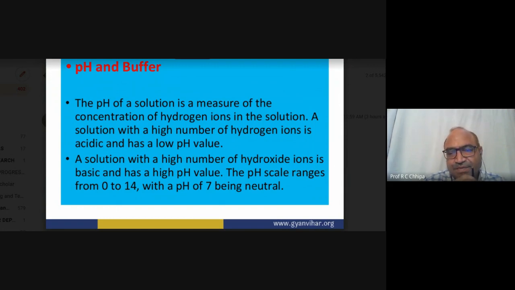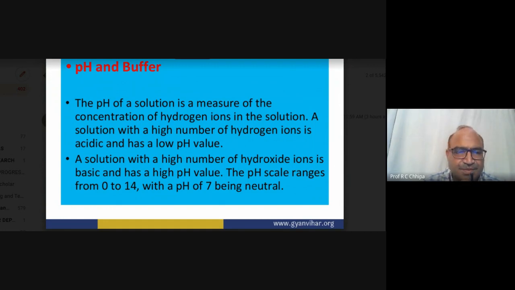If pH is 4, that will be a weak acid. So there is a reverse correlation between the pH and hydrogen ion concentration.